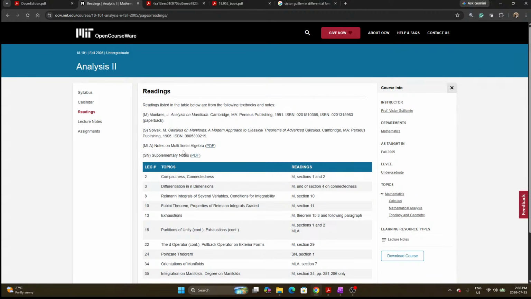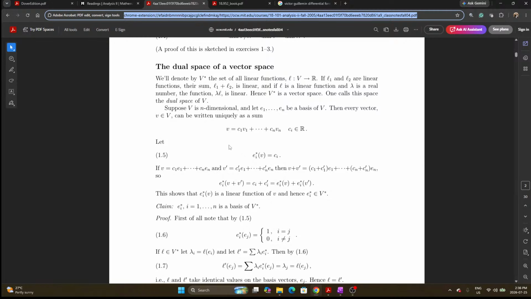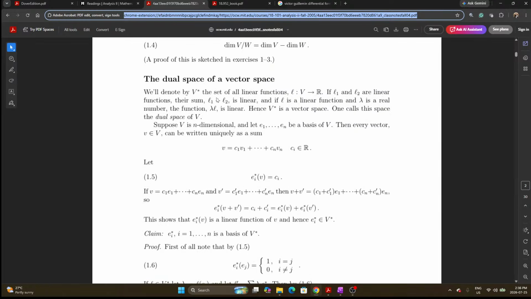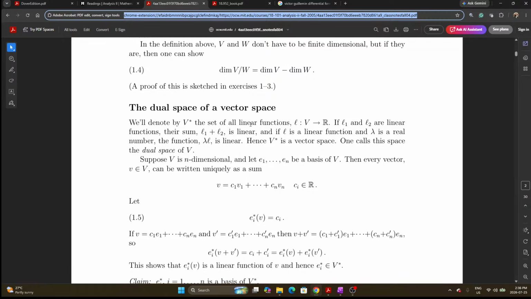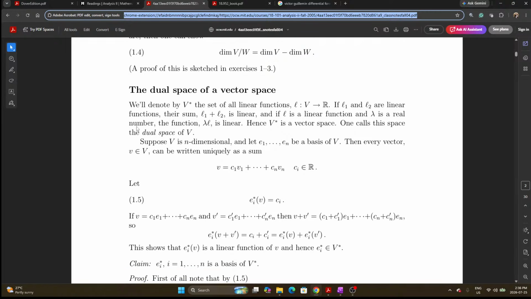Okay, so that's the modern terminology. But if you go there, you can see, yeah, that's the dual space, right? The dual space is a set of linear functionals, as mentioned. V star is a vector space. It's called the dual space.